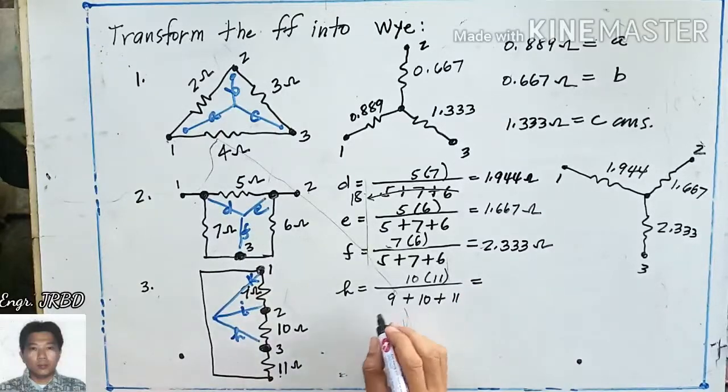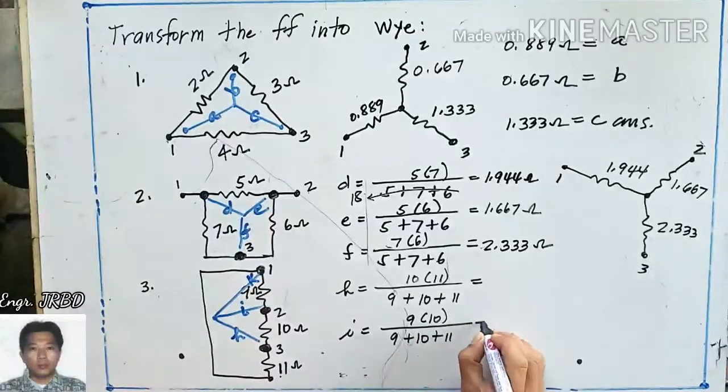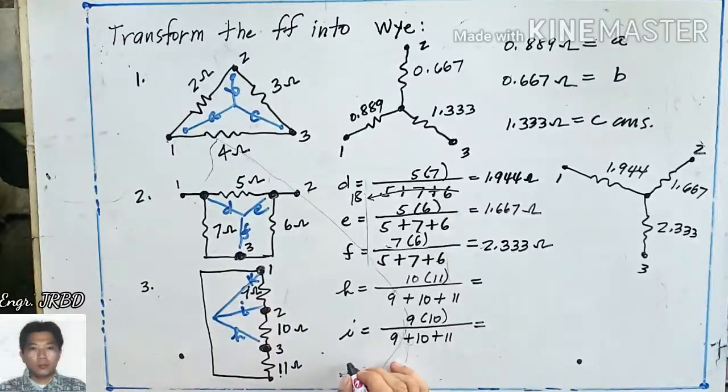Then for I, the product of the two adjacent legs, that is 9 and 10, 9 times 10 divided by the sum, 9 plus 10 plus 11. And the last, your K, the product of the two adjacent legs, which is 9 and 11, so 9 times 11 divided by 9 plus 10 plus 11.